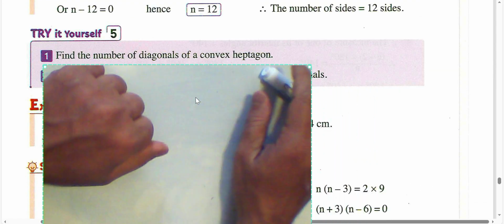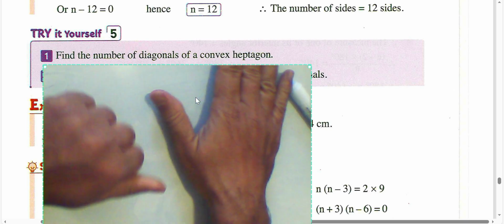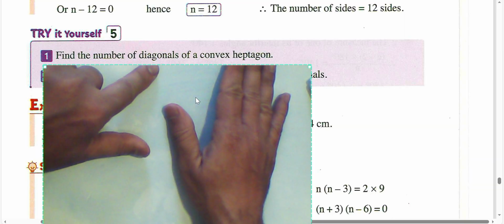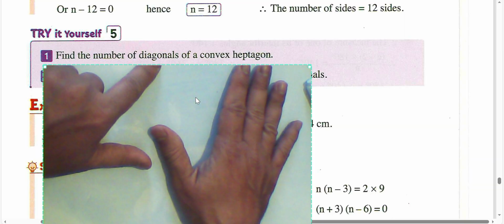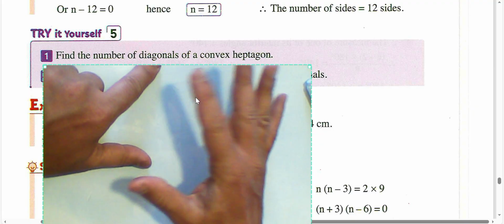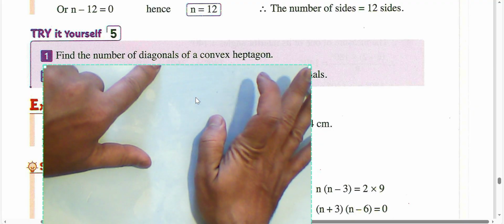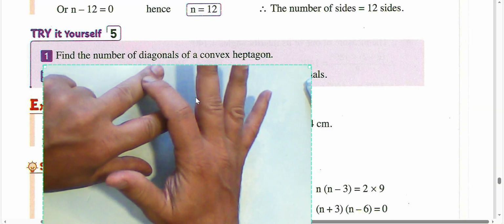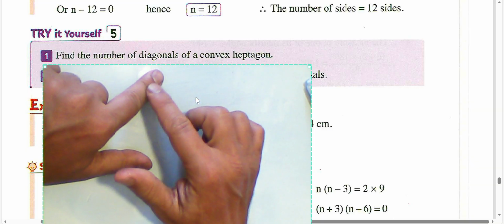Look with me, we have pentagon, hexagon, heptagon. Heptagon means 7 sides, pentagon 5 sides, hexagon 6 sides, octagon 8 sides.